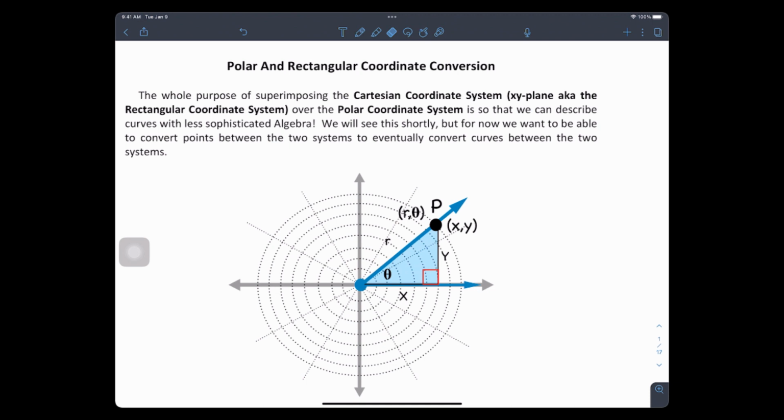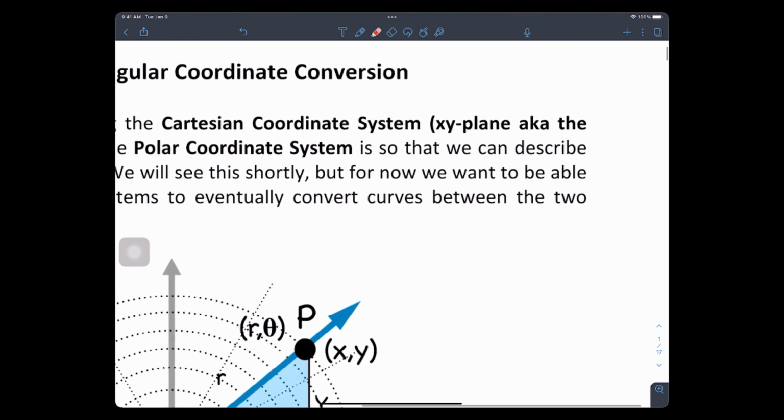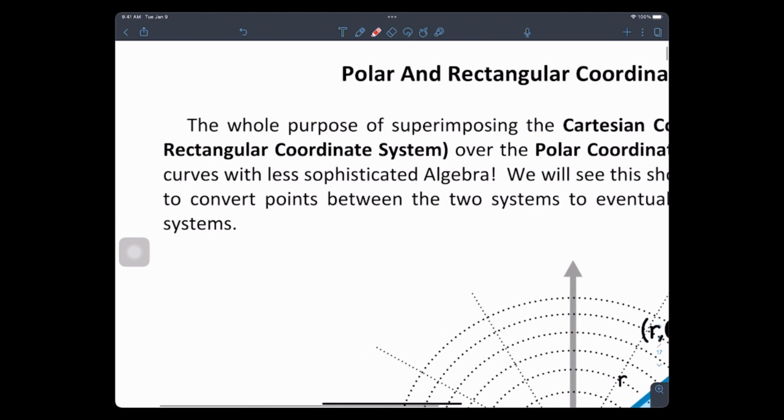We superimpose a system over each other so that we can describe curves with less sophisticated algebra. This is really the point eventually for us. We want to describe curves with a lot less sophisticated algebra.